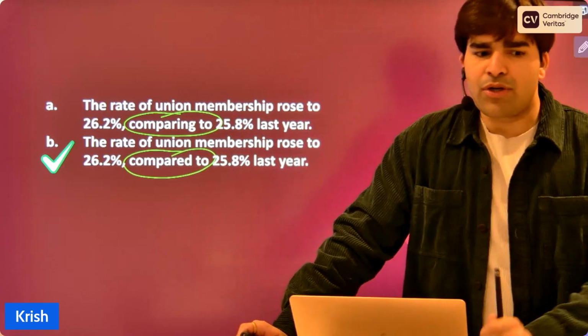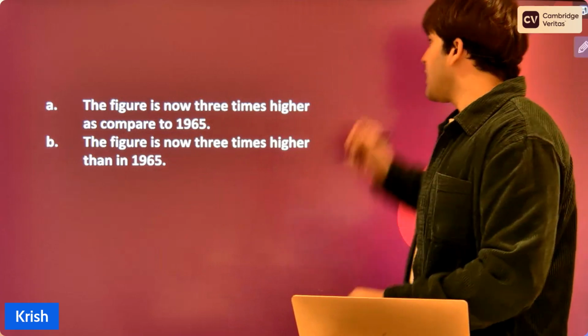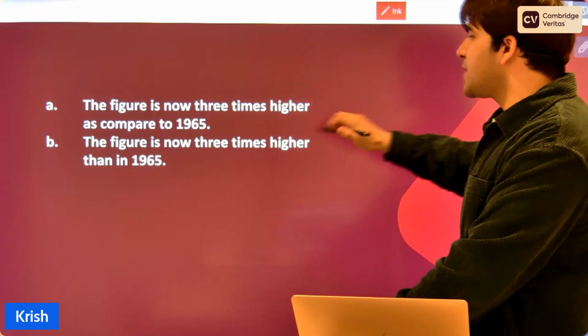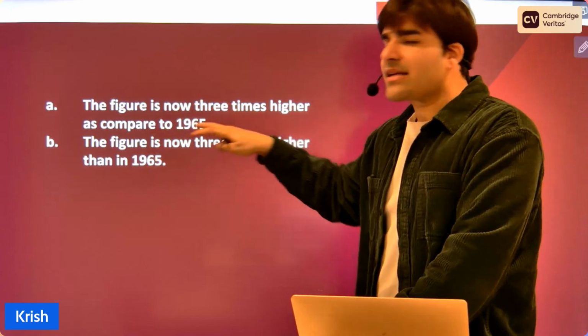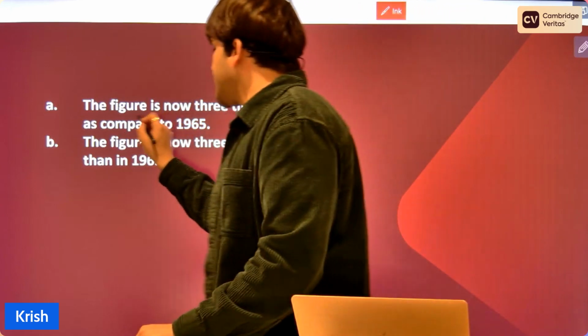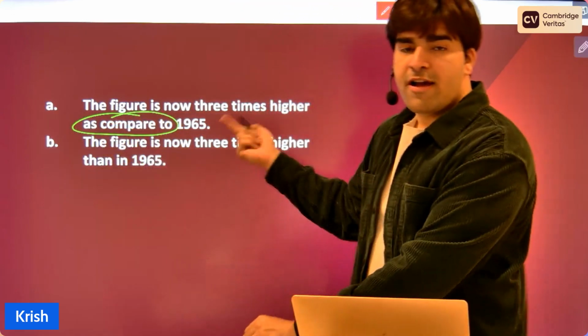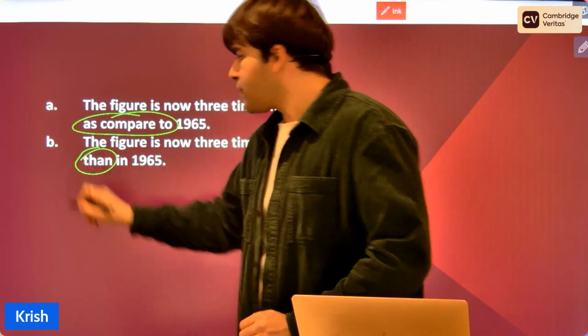There's another example I want to show you. Have a look. Both the sentences are the same, but there's only one thing that is different. The figure is now 3 times higher as compare to 1965. So is it as compared to versus than?